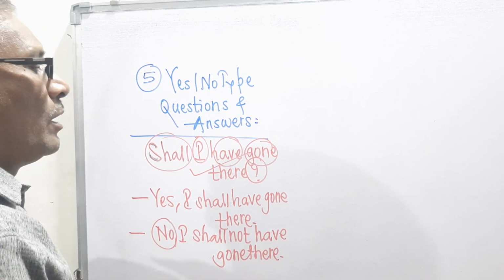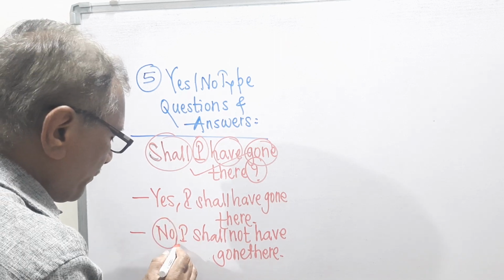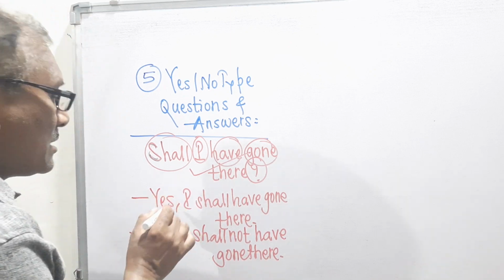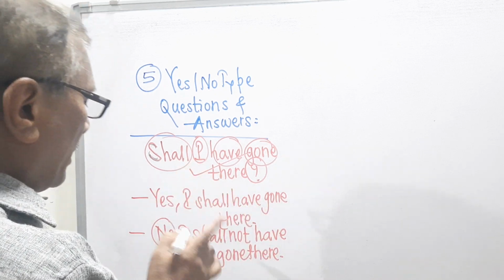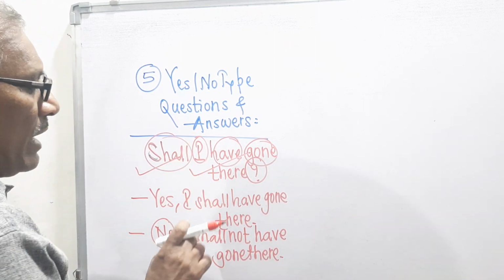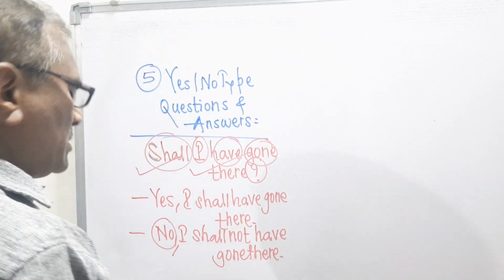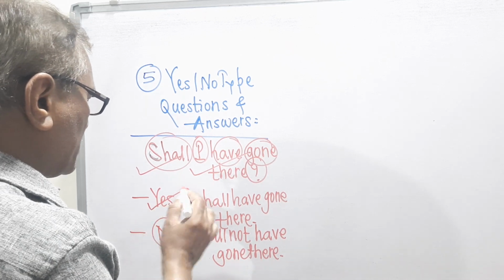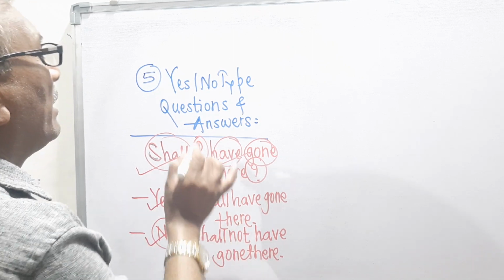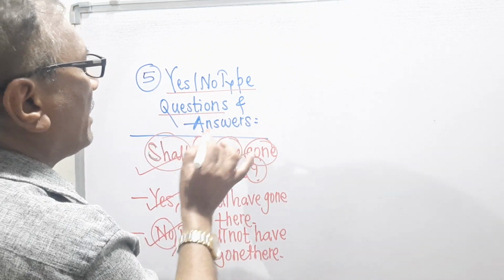In the no means in the negative. So here I will tell you that no, I shall not have gone there. Yes, I shall have gone there. So remember here, the point is that this is the question, and this question has been asked to the person who is before us, and that person has given us the first answer in yes and the second answer in no, and that's why these questions are called yes-no type questions and answers.